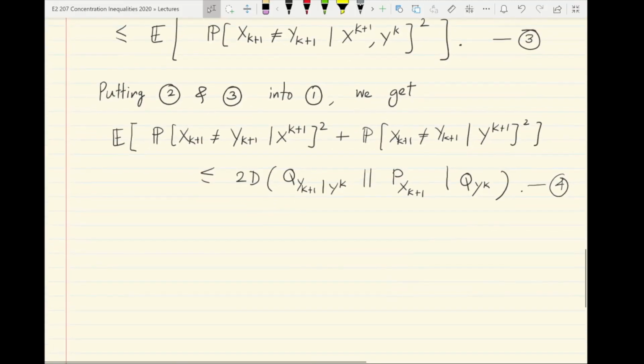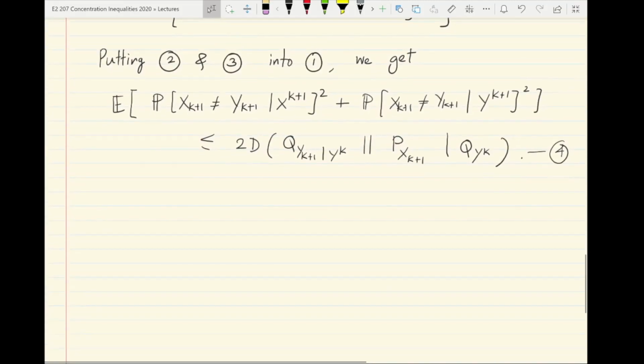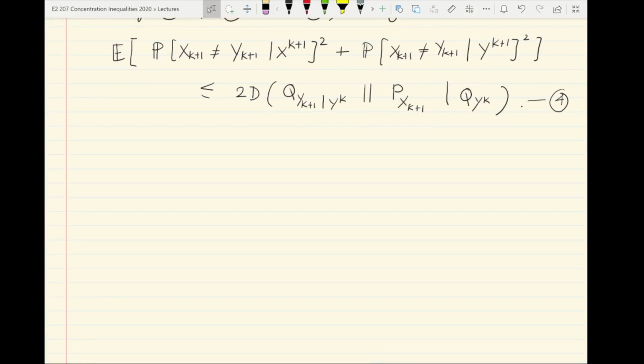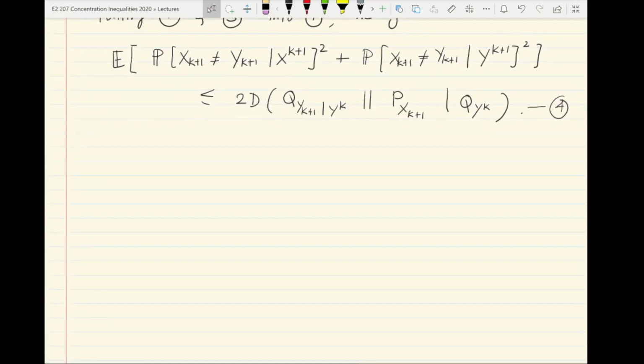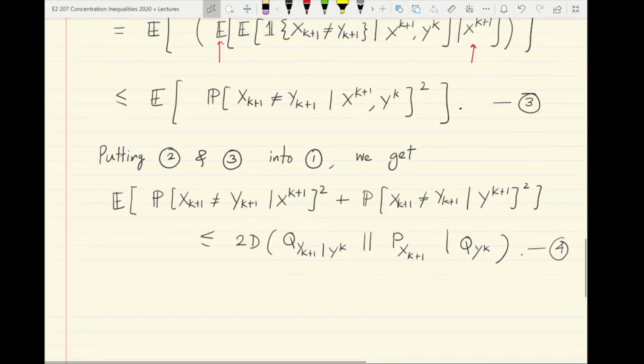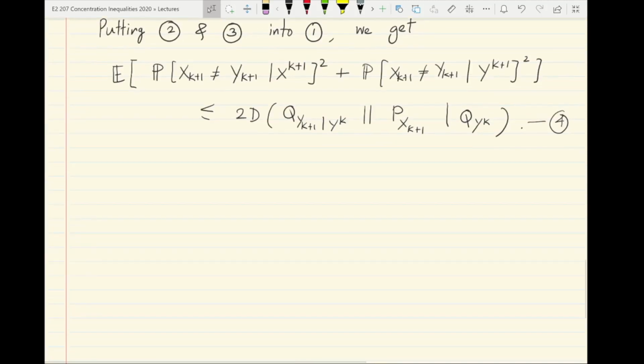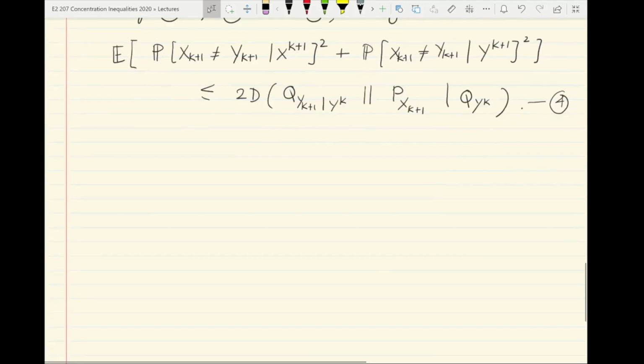Right, so we get this equation 4, and now we can go ahead to finish the proof of the induction step, extending the induction hypothesis.